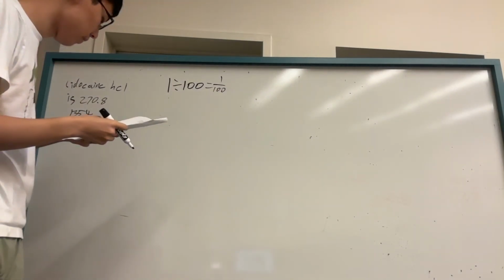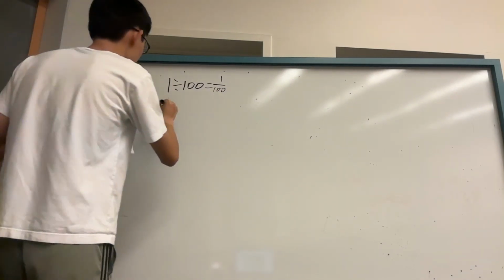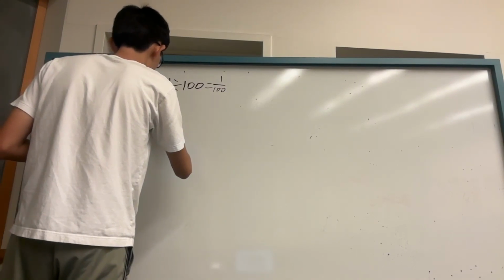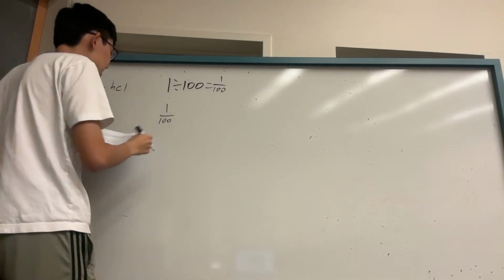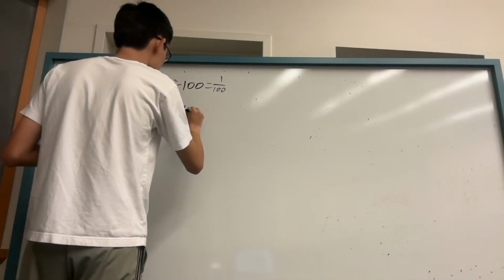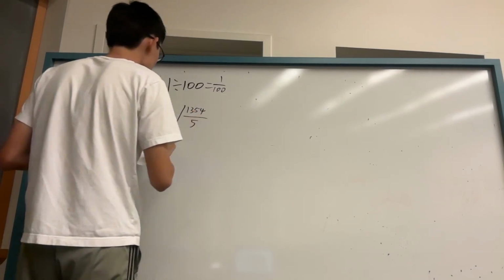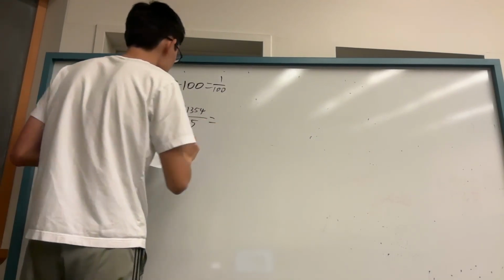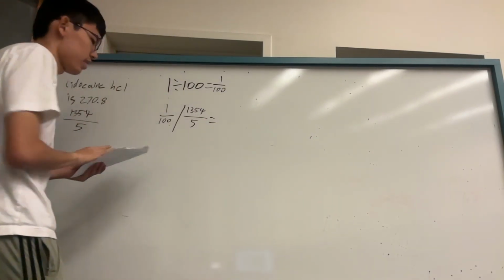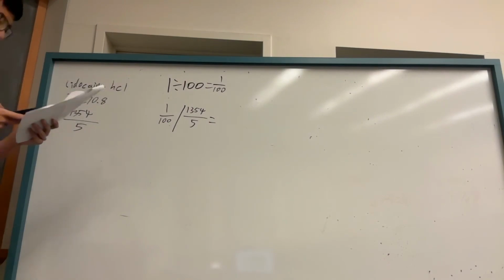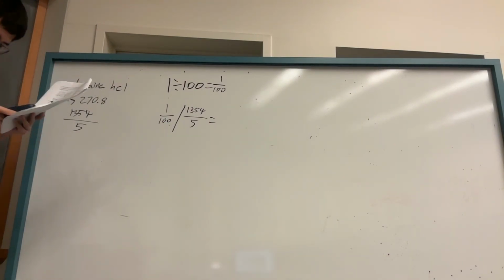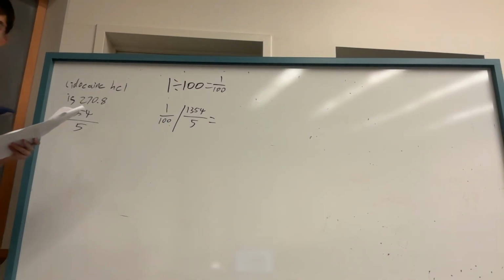So we do 1/100 divided by it. This should be very easy here because dividing by a number is the same as multiplying by its reciprocal.